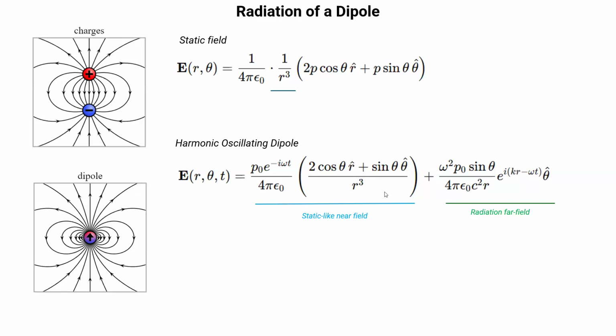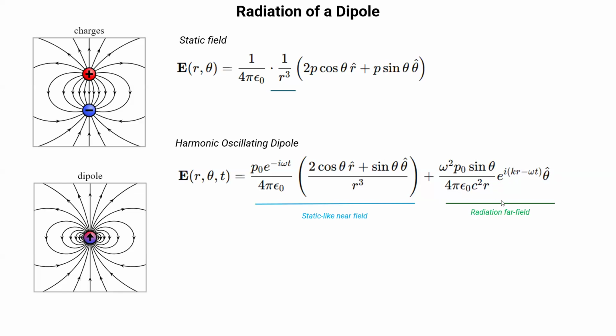So you see this difference: the near field decays as 1 over r cubed, much faster as I go away from my dipole, and only this radiation part survives.